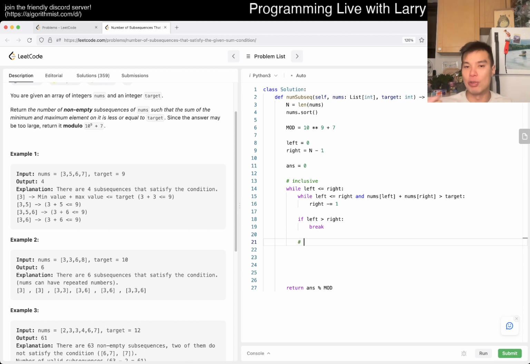Or maybe more, but two ways that I'm thinking in my head, which is the sum of subsequences that includes left and right. And I'm trying to think about whether that is good enough.